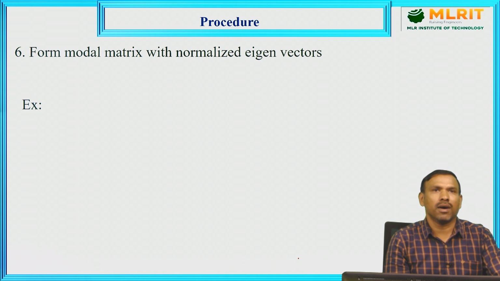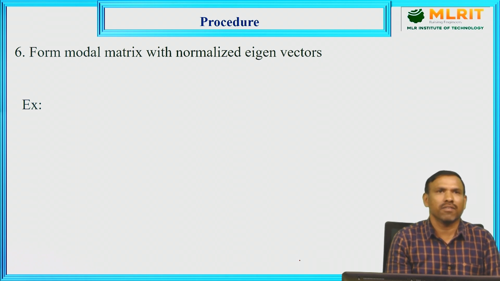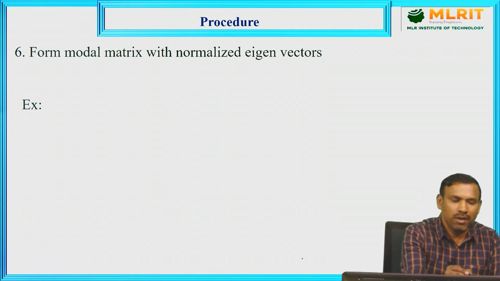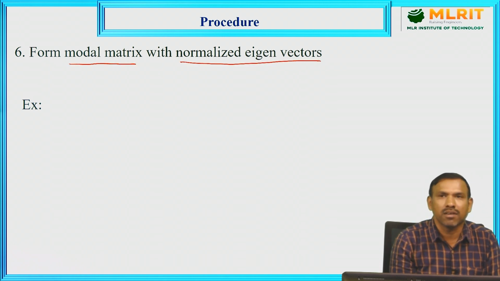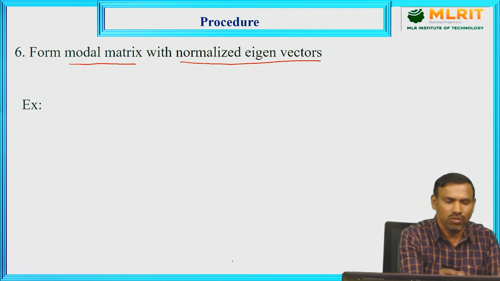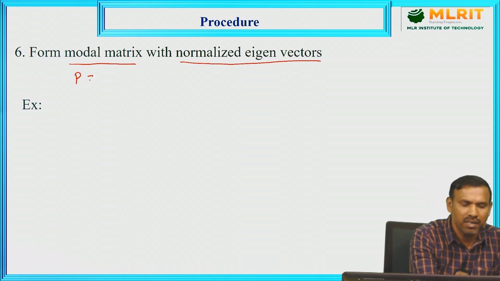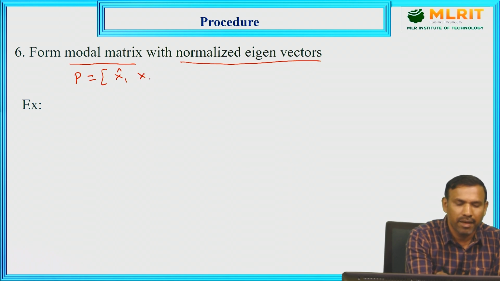Next, after getting the eigenvectors, we need to form the model matrix with normalized eigenvectors. Next step, model matrix. What should the model matrix contain? Normalized eigenvectors. So what do you mean by normalized eigenvectors? Here, the model matrix we generally write as P. P means x1 cap, x2 cap, x3 cap.